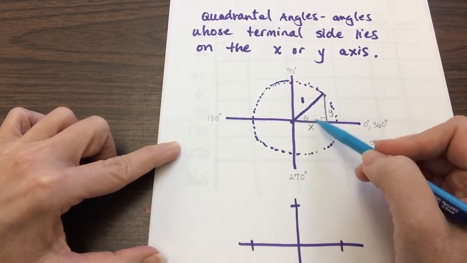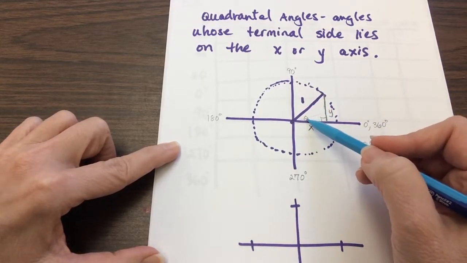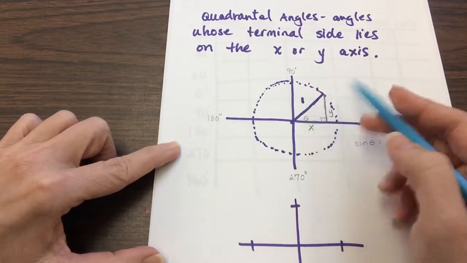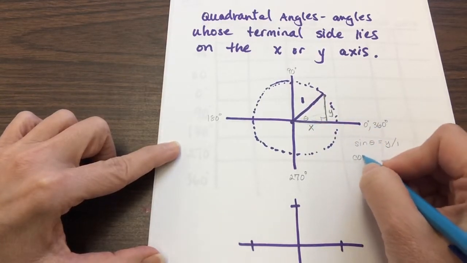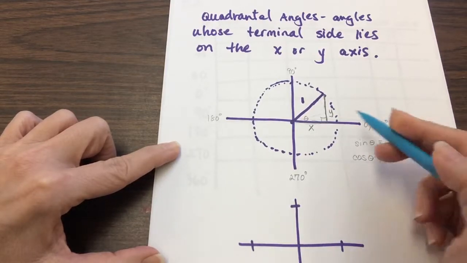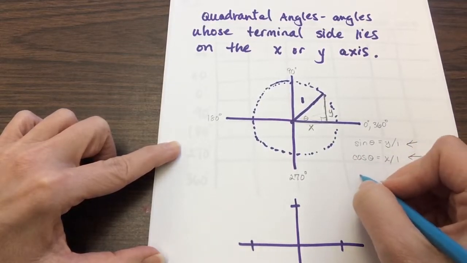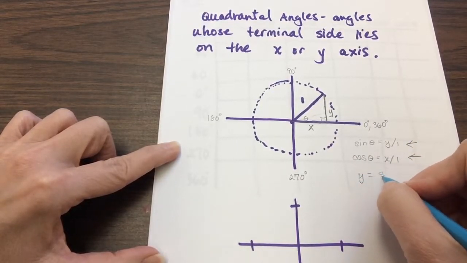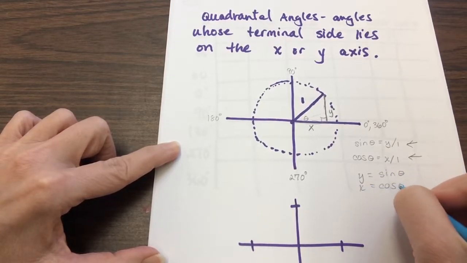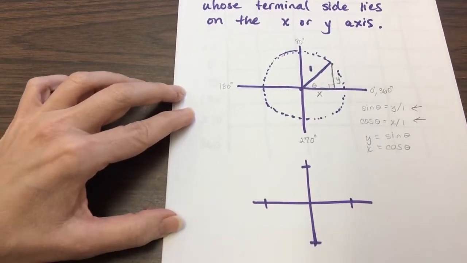If I do the same thing and I look to see what x is, well, that relationship with theta is adjacent. So I've got my adjacent and my hypotenuse, which means the cosine of theta is x over 1, or just x. All right, so this is going to be key. The key to this is that y is going to equal my sine of theta. My x is going to equal the cosine of theta.